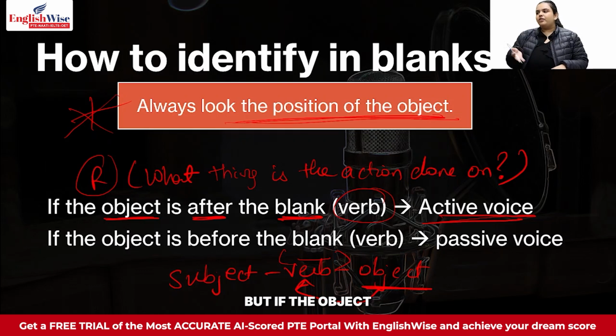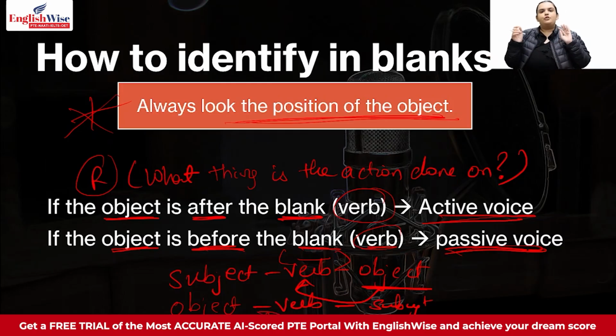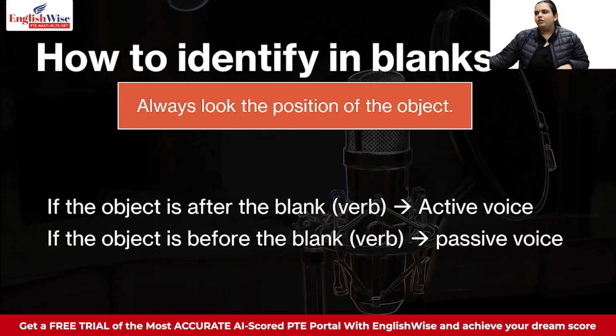But if the object is before the blank, which is going to be your verb, then it is in passive voice. So if you remember this, object, verb, subject. So you see over here, the object is coming before the blank. Okay, so it is going to be a passive voice. So you will always look at the position of the object. If the object is after the blank, it is active voice. If the object is before the blank, it is passive voice.